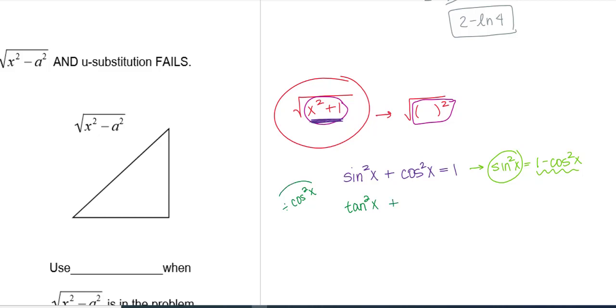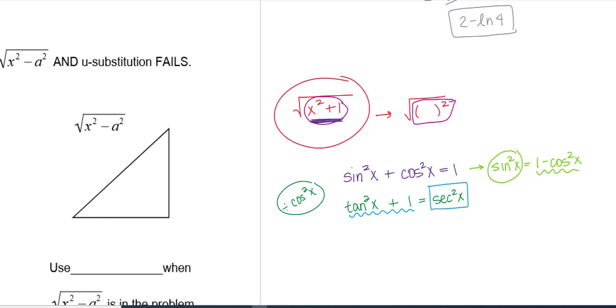Cosine squared x over cosine squared x is 1. And 1 over cosine squared x is secant squared x. So again, if I have the two terms, tangent squared x plus 1, I can just replace it with one term, secant squared x, and now I can take the square root of that.